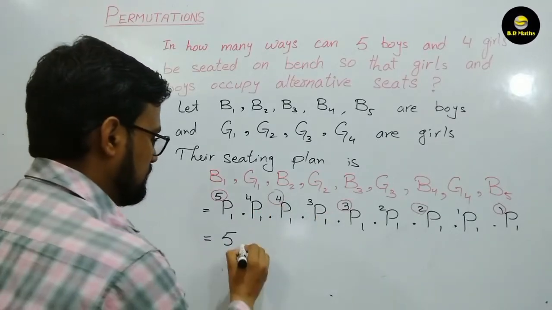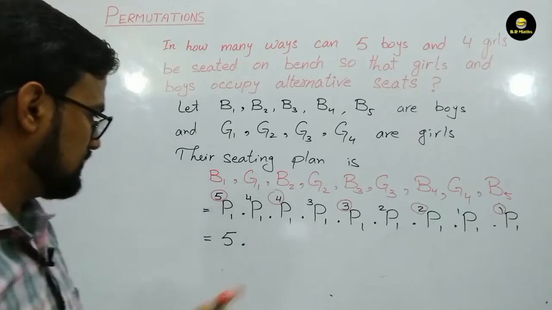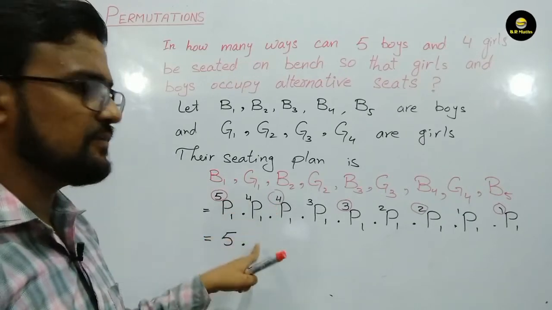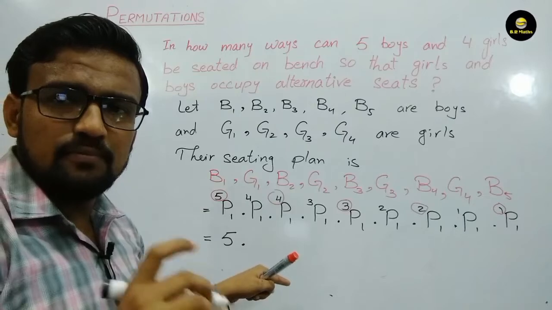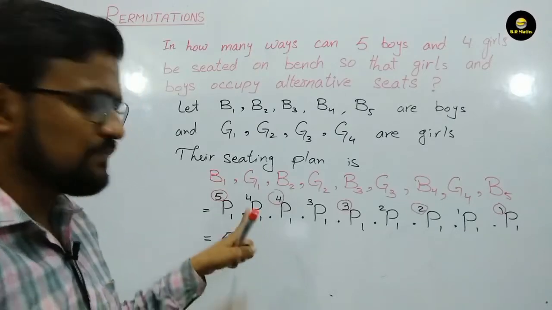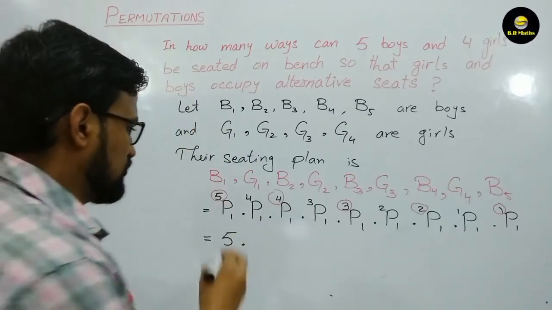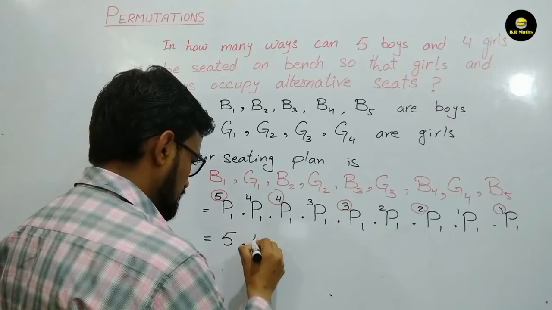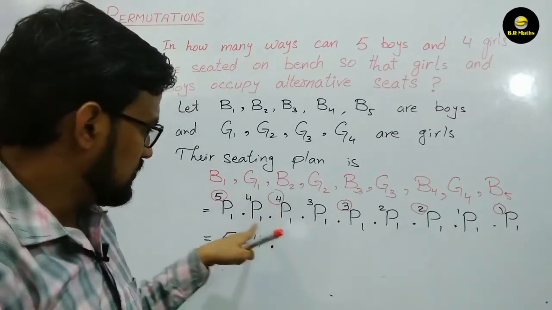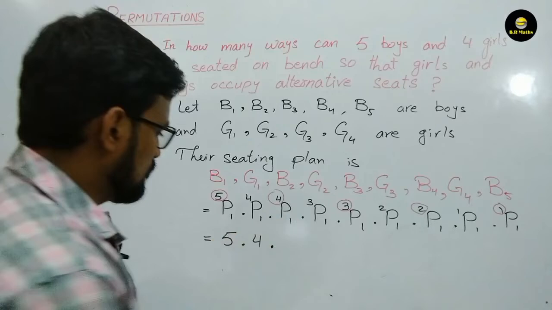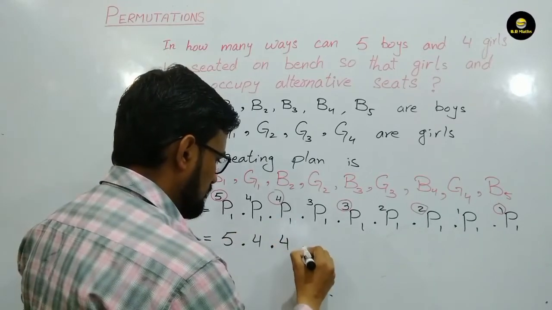This is 5. Then multiply by 4 factorial divided by (4 minus 1) factorial, which means 3 factorial. 4 factorial over 3 factorial means 4. This one is also the same term, so this is also 4.